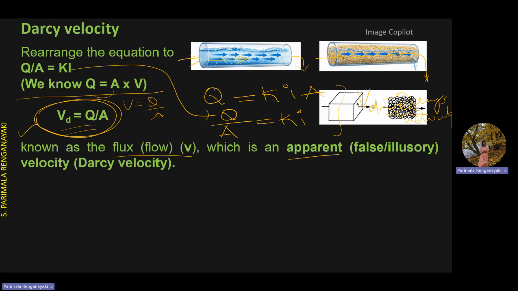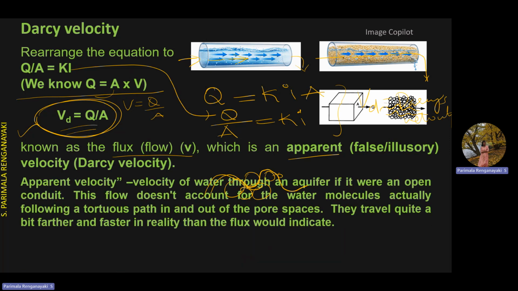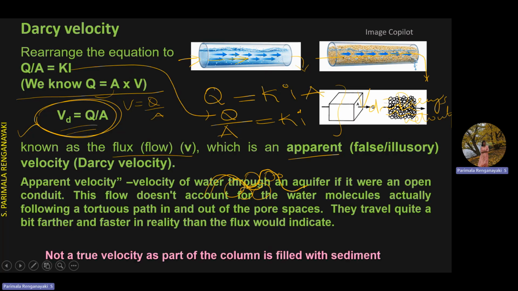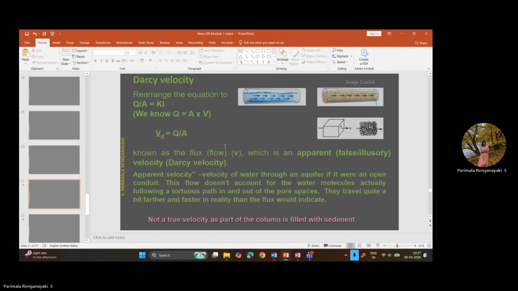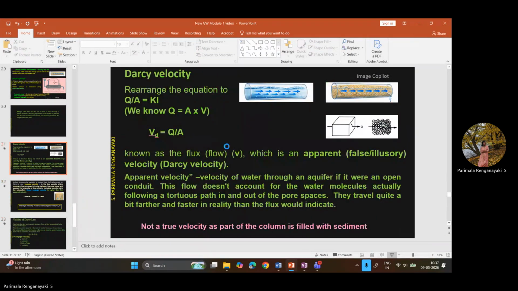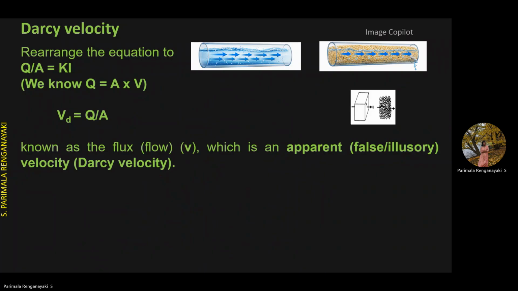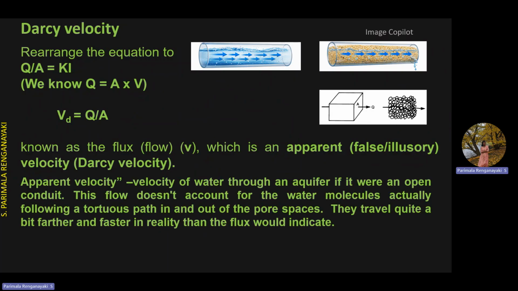It is also not going straight. Whenever water has to pass through the sand particles, it will hit this, then pass here, then again hit and come. So it is passing through a tortuous path. It is not straight. The apparent velocity means the velocity of water through an aquifer if it were an open conduit, a simple pipe.